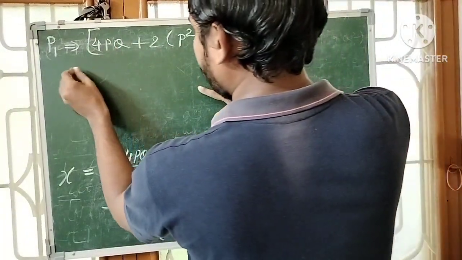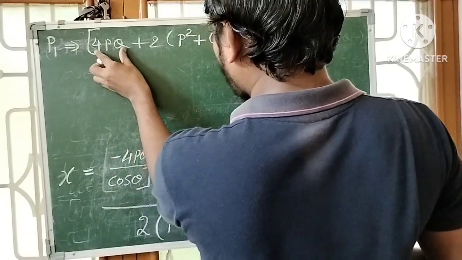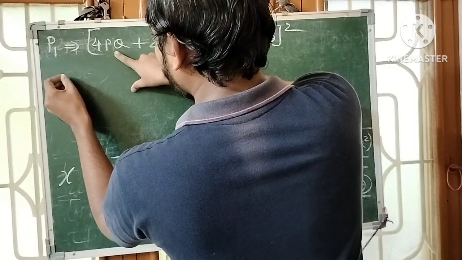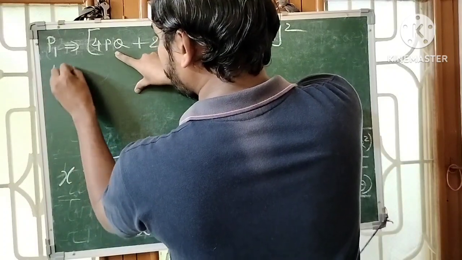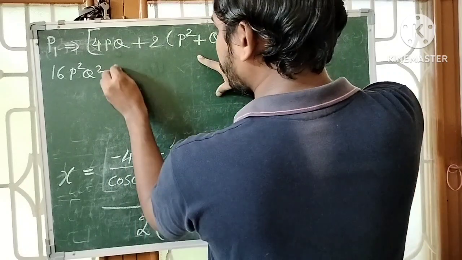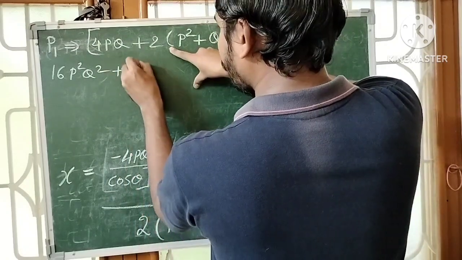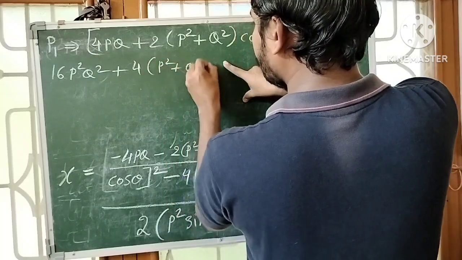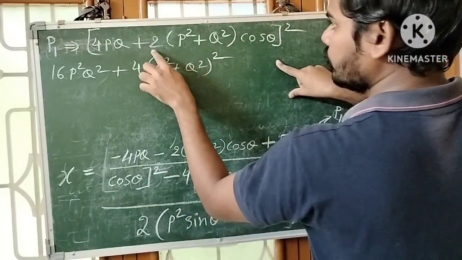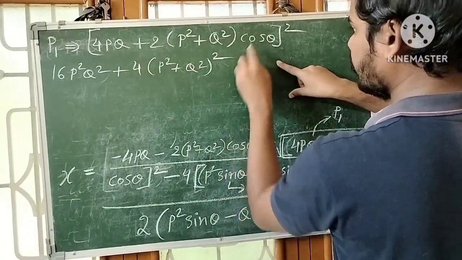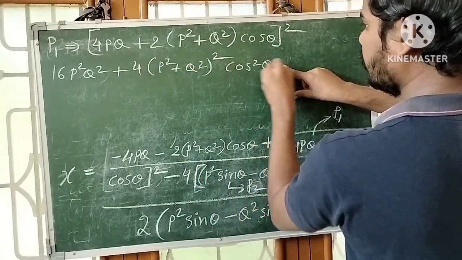Let me simplify further. It looks like a plus b whole square, so apply the a plus b whole square formula. a square is 16 p square q square, that is 4pq whole square. Plus b square: 2 square is 4, so 4 into p square plus q square whole square, with cos square theta.